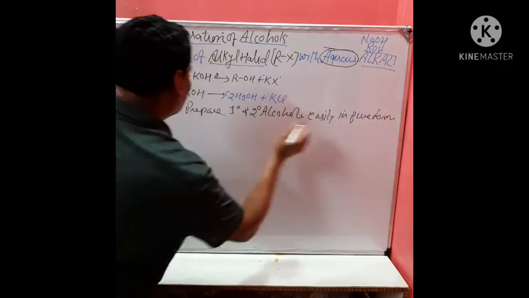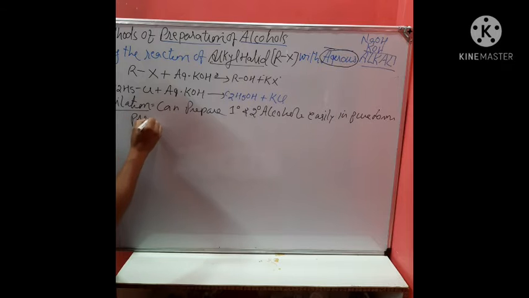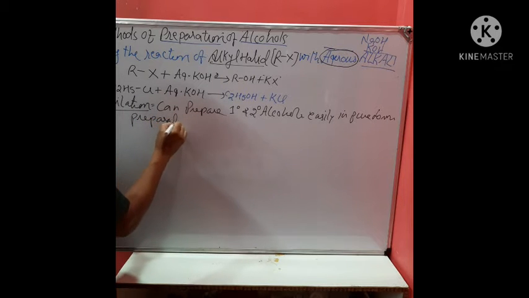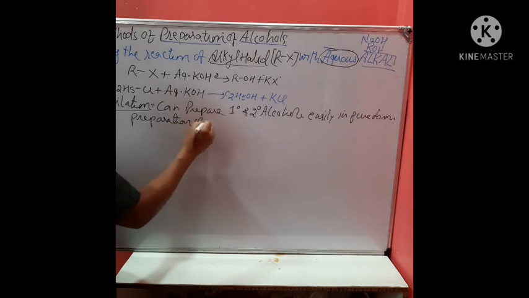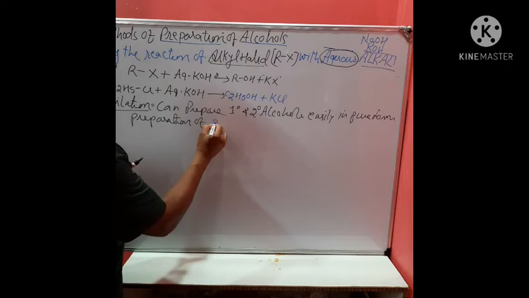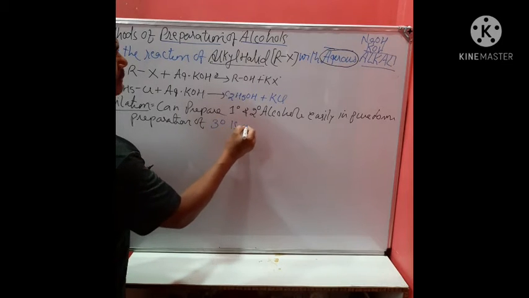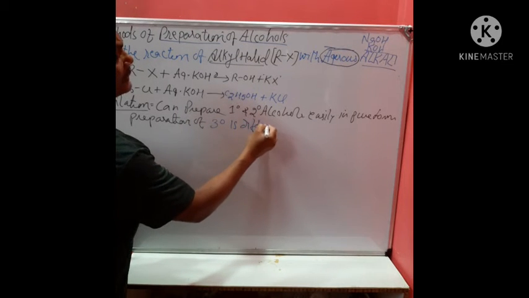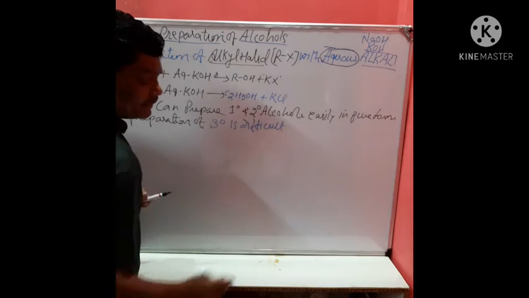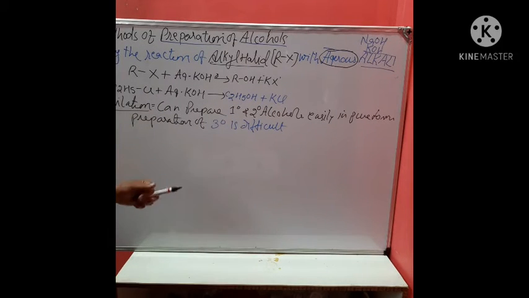Preparation of 3 degree alcohol is difficult. Why? Because some quantity of alkene is also obtained along with the alcohol product. So there is the problem of separating the alcohol from the alkene. Therefore there is a limitation.